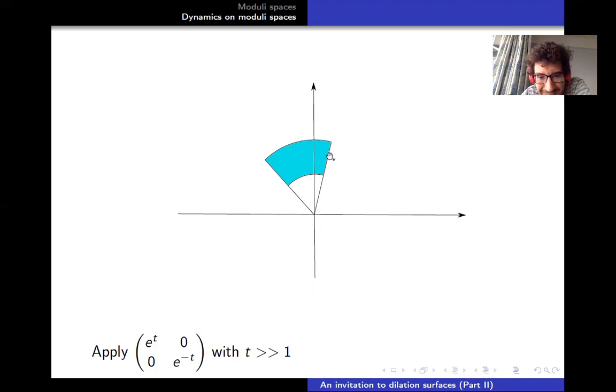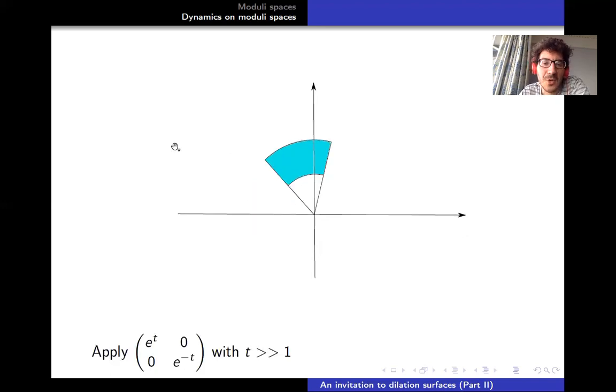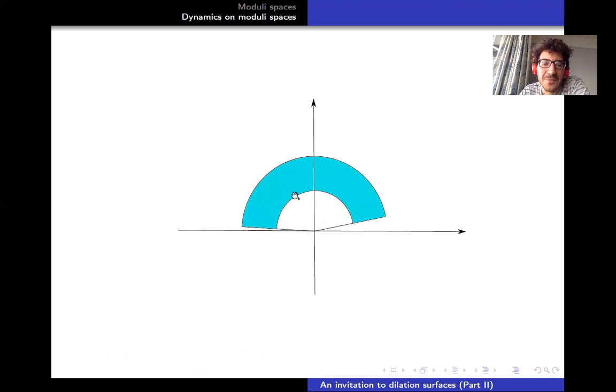So for instance, if you take that vector, you imagine that it's going to be pushed towards the horizontal one. And similarly, that one's going to be pushed towards the horizontal one, but towards minus infinity a bit. So basically, you'd imagine that the image of this cylinder is going to transform into a cylinder with a much wider angle. And as t goes to infinity, you see that this cylinder with an angle less than pi is going to be transformed into a cylinder with angle almost equal to pi.